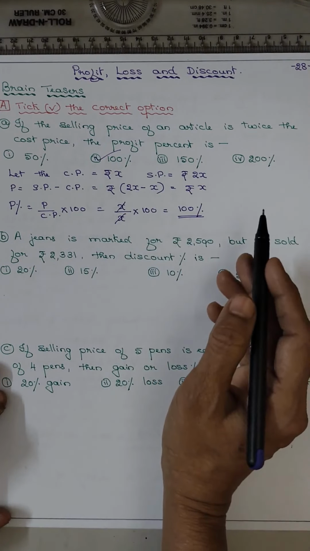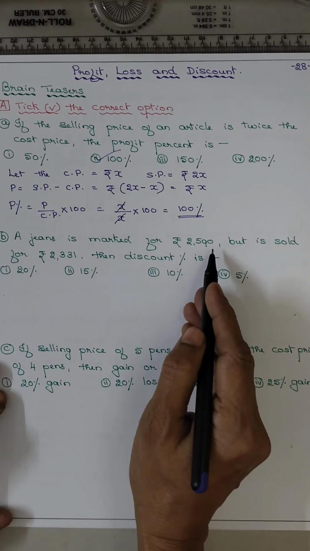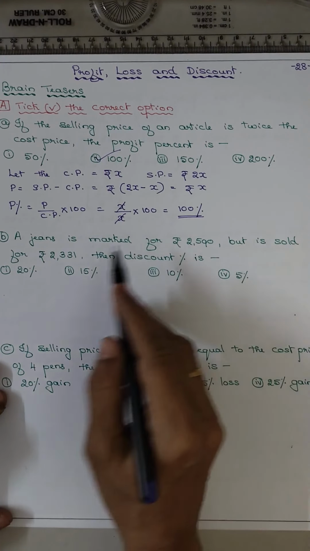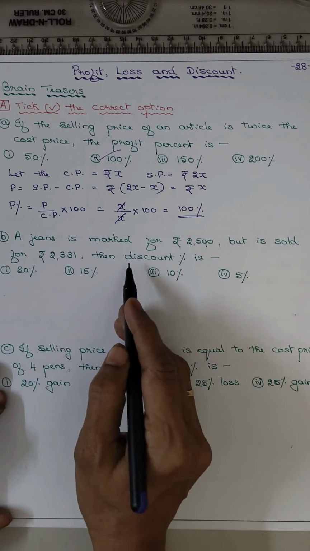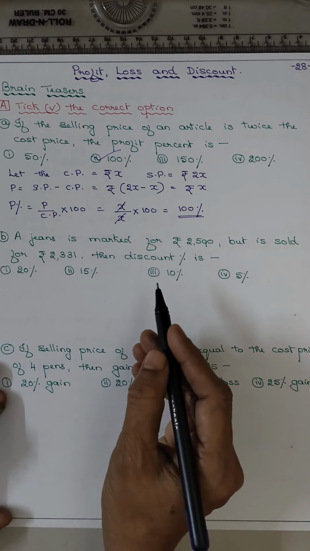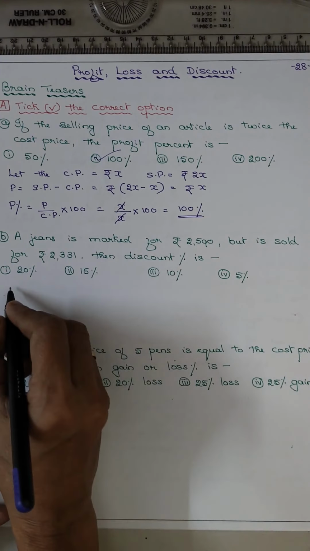Now coming to question number B. A jeans is marked for rupees 2590 but is sold for 2331. Then find the discount percent. So marked means what?